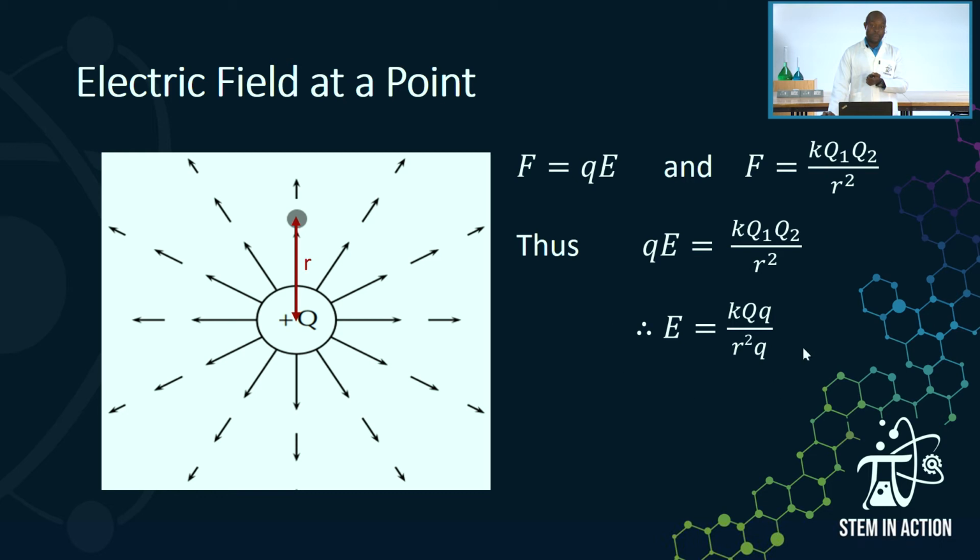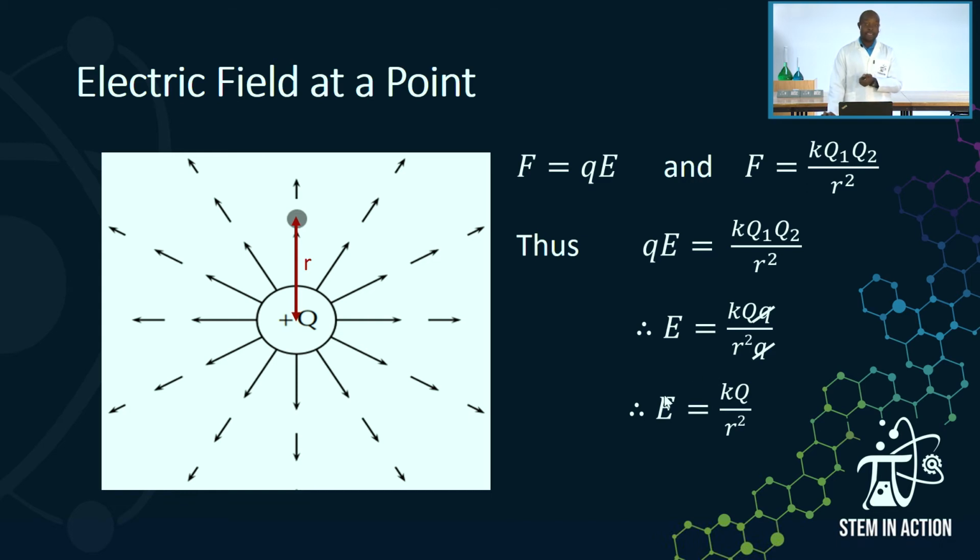And when we have this formula, we can say that the capital Q is representing the charge of the positive charge, and then the small q is representing the charge of the point that we are talking about, or our test charge, or whatever point, if it has got a charge on it. But what you notice is that we now have got a small q on the numerator and a small q on the denominator, so we can cancel those out, and we get this as our final equation.